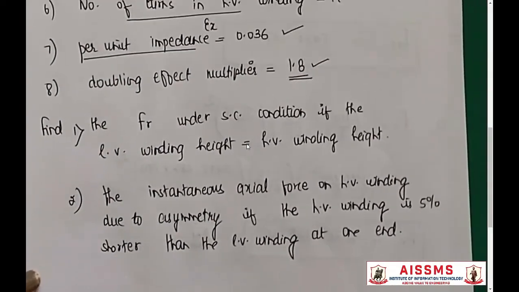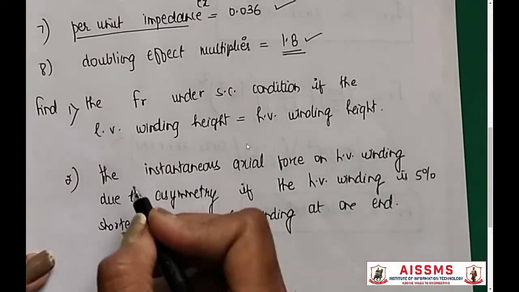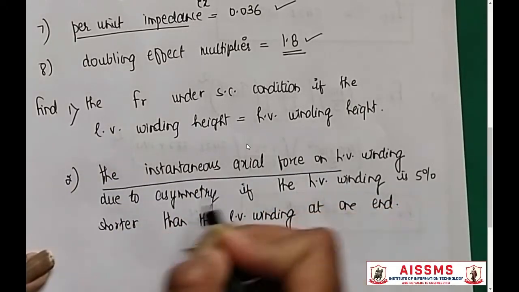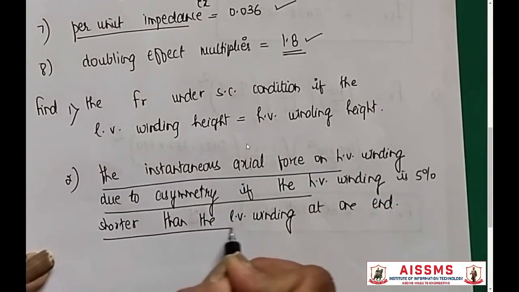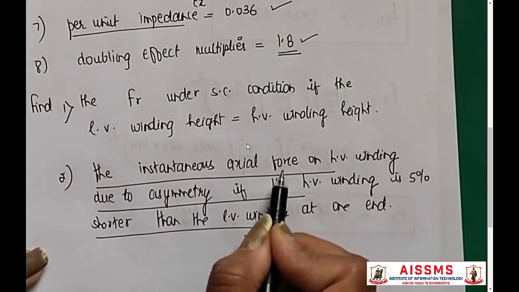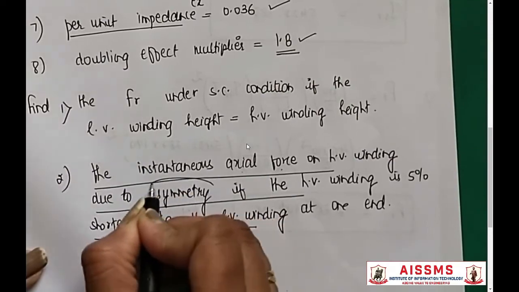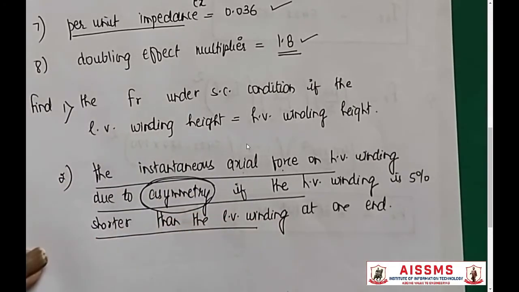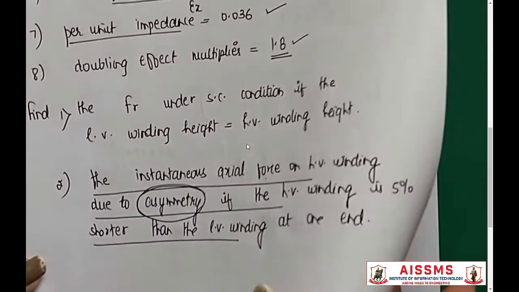Let's now see the numerical once again. Now the second part is a little bit different. It says we have to find the instantaneous axial force due to asymmetry. So the formula here is going to change.